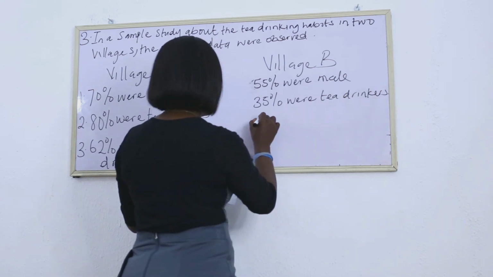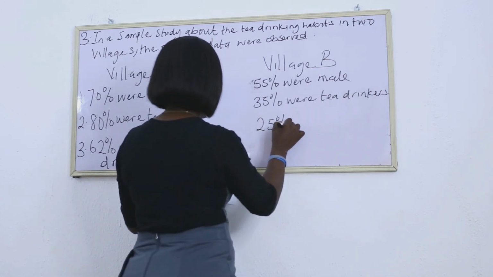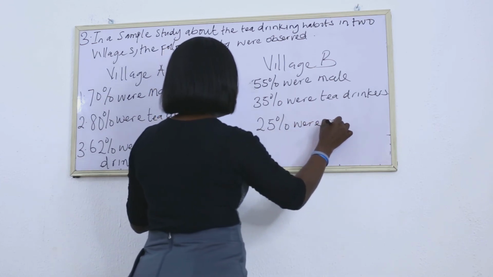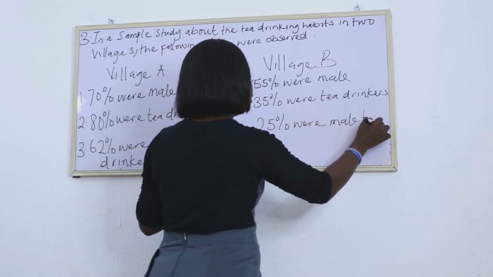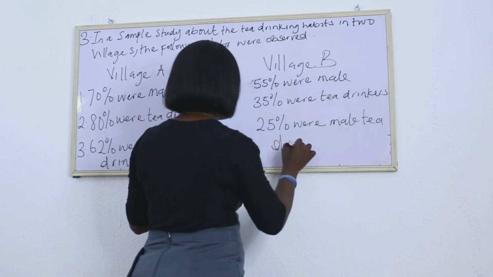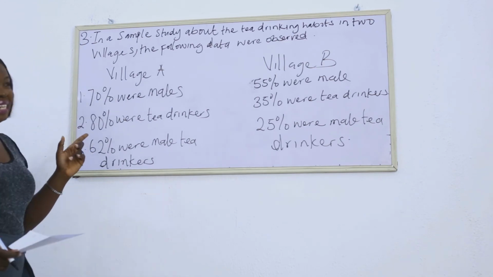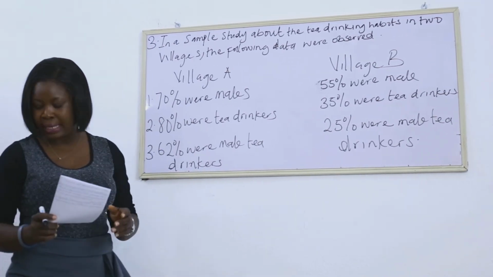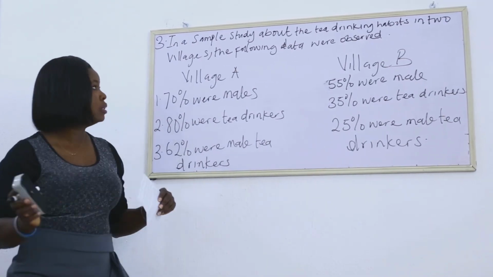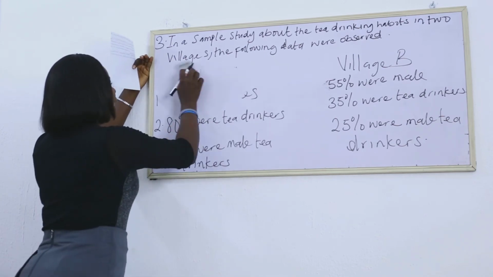Then the last part says 25% were male tea drinkers. Represent in a tabular form. I'm going to show the analysis on the board in a short while. Come along with me.